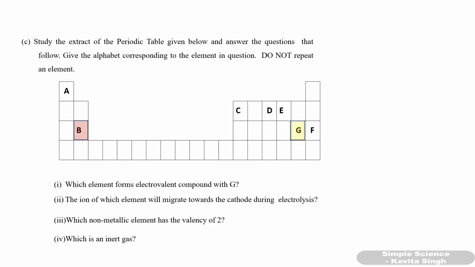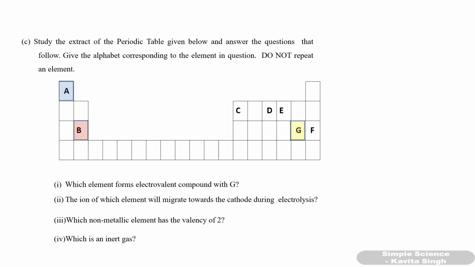Second one, the ion of which element will migrate towards the cathode during electrolysis? Cathode is negatively charged, so cations will move towards the cathode. Here cations are only 2, A and B. B we have already used, so we will write A for that. So A is the cation which will migrate towards the cathode.